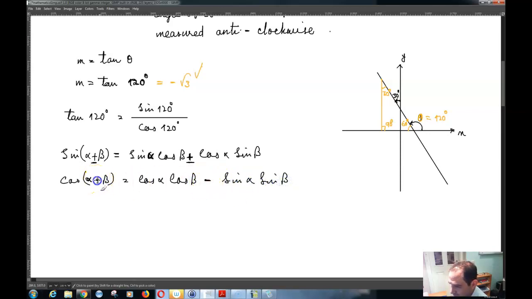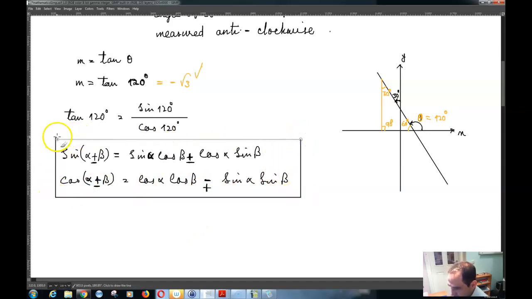So you have a positive sign here and you have a negative sign here. And if you have a negative sign here, you'll have a positive sign here. So based on these two formulas, you can figure anything out as long as you're willing to substitute the values here.